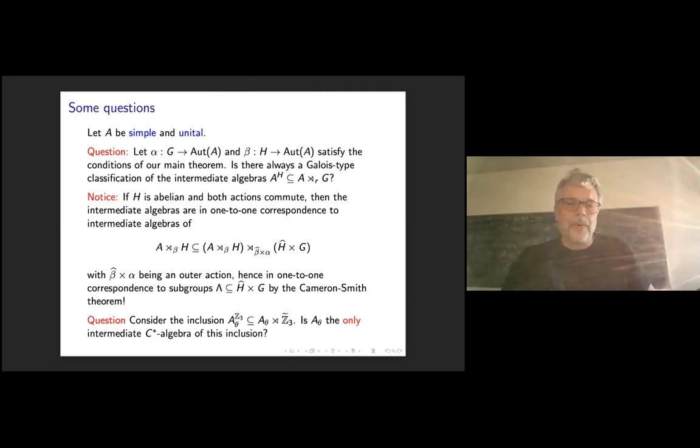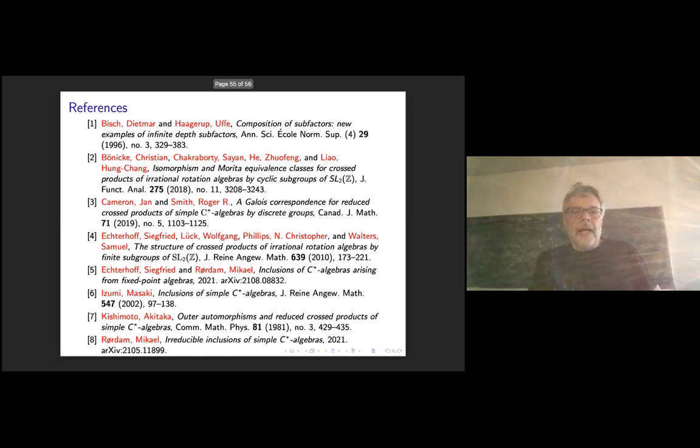And I'm convinced that in this case, really A theta is the only intermediate C-star algebra of this inclusion of AF algebras. But so far we lack the proof, and it would be very interesting to learn more about this question. Here are some papers.